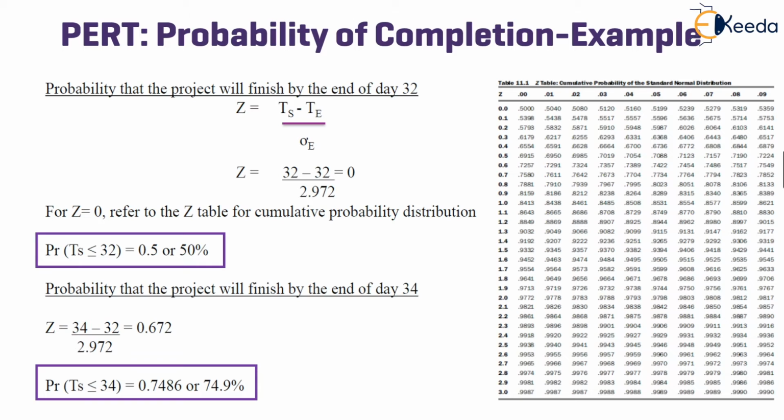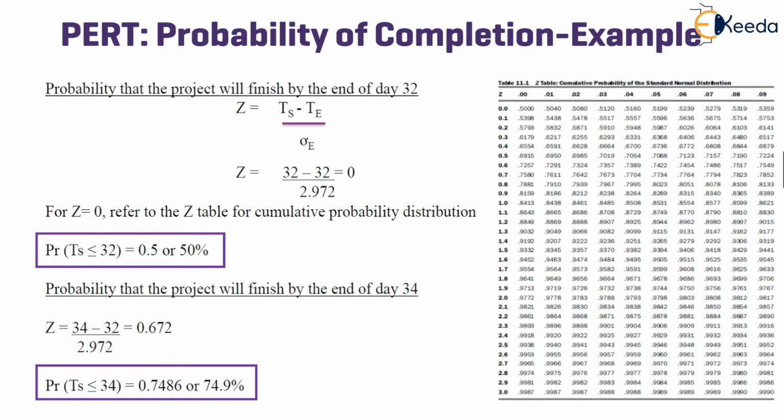Now let us look at the Z table. In the Z table, we can see 0 corresponds to 0.5 or 50%. Therefore, there is a 50% probability that the project will finish by the end of day 32.